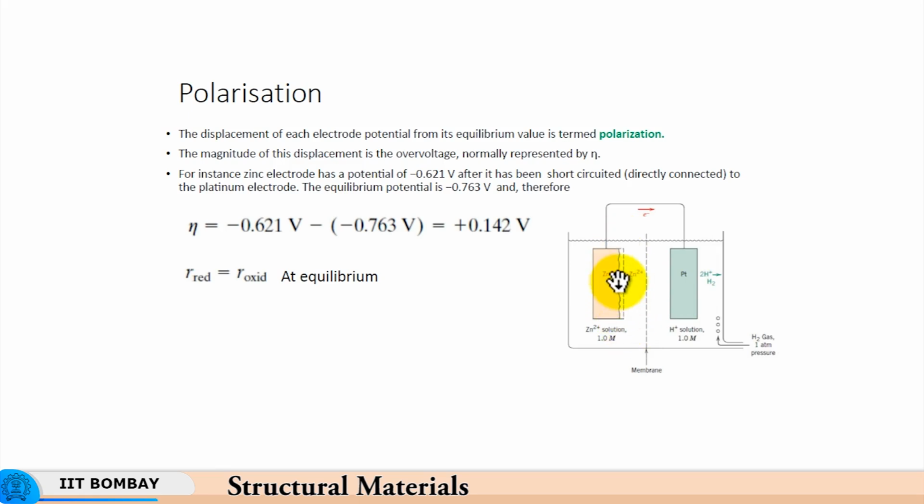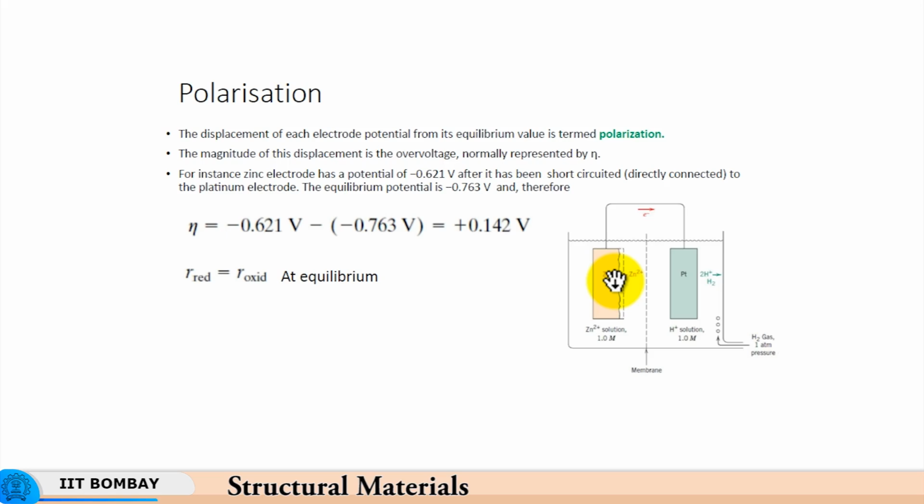That is the reason why we call the difference between the voltage generated here during corrosion and the equilibrium voltage, where there is no net reaction, polarization. Polarization is a term applied to the deviation of the electrode potential from its equilibrium value.